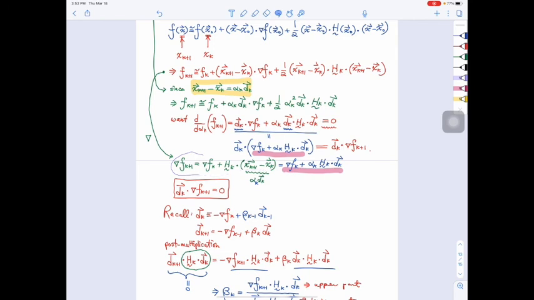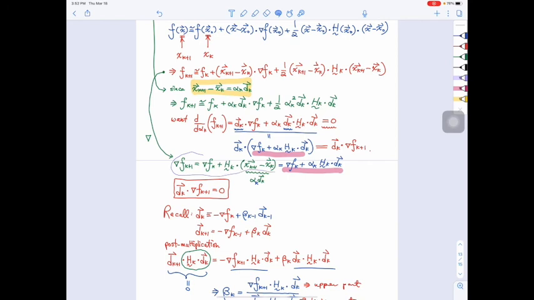Okay, so here's the main procedure of conjugate gradient. But over here, how do you get alpha?